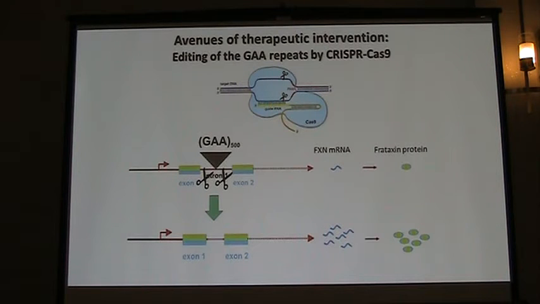And so we relieve the transcription repression, we relieve the silencing. And to do that, there's this new tool called CRISPR-Cas9, which is really like scissors that can be directed to the GAA repeats and cut out the GAA repeat from the DNA. And it has been shown in vitro that if you do that, then the gene becomes active again. It makes more RNA and it makes more frataxin protein.